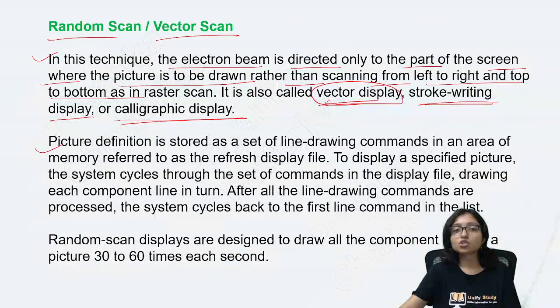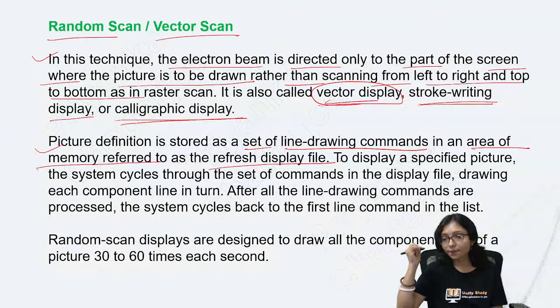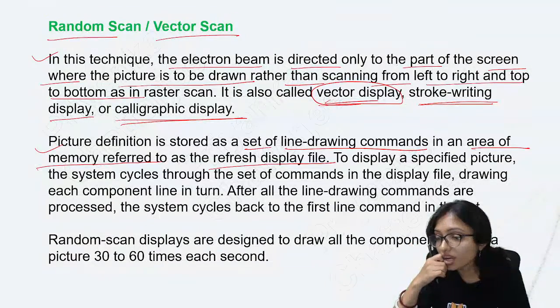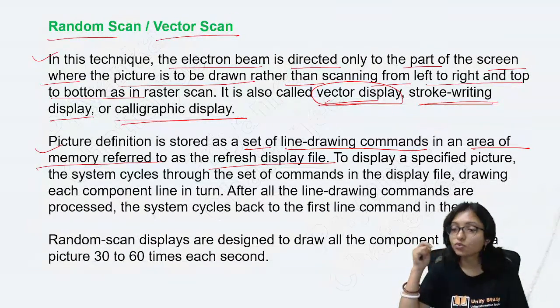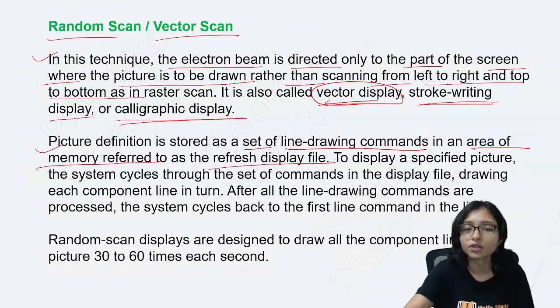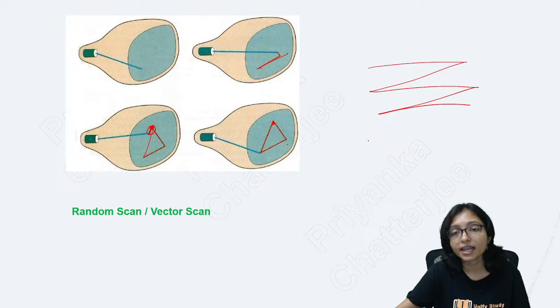The picture definition is stored as a set of line drawing commands, and the area of memory is referred to as the refresh display file. Okay. It plots two points and connects the points. Yes, it will plot the point and it will work just like the line drawing algorithm.